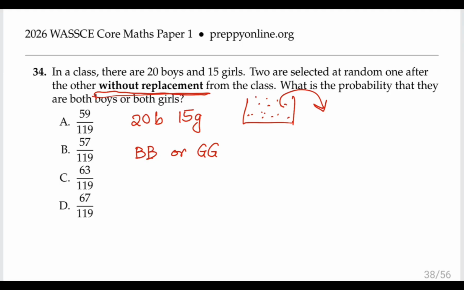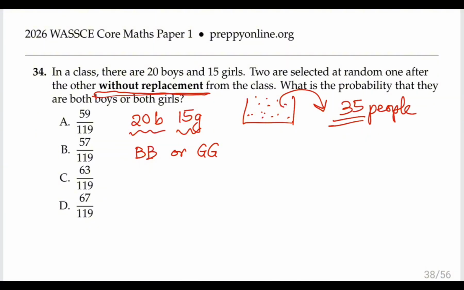Well, one way to do this is to first see the probability that the first person we select is a boy. Because there are 20 boys in the class and a total of 35 people, the 20 plus the 15 gives us that. So there are 35 students in the class.